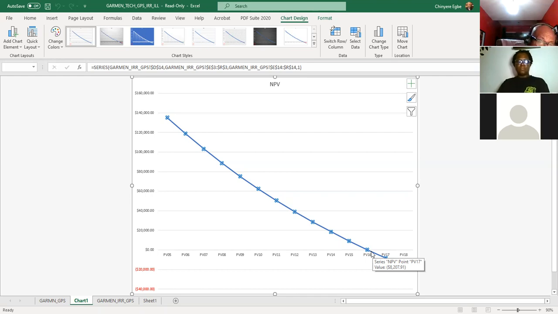Otherwise, you can go through a mathematical process, which is very tedious, by trial and error, to get exactly what it is between 16 and 17%. You can try 16.1%, you can try 16.2%, but we really don't need to do that here. All right, so this is essentially what we need to do.